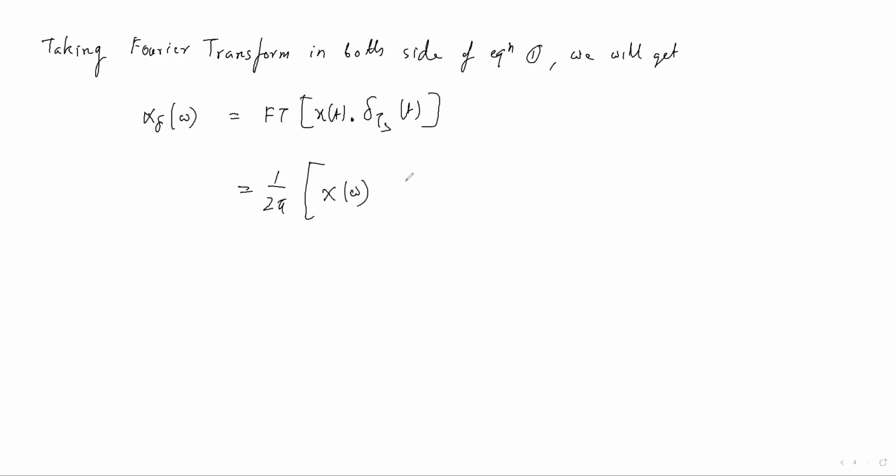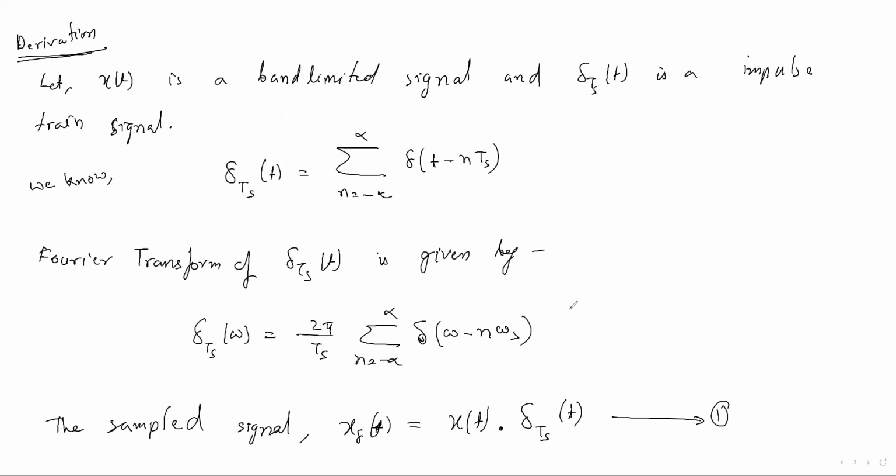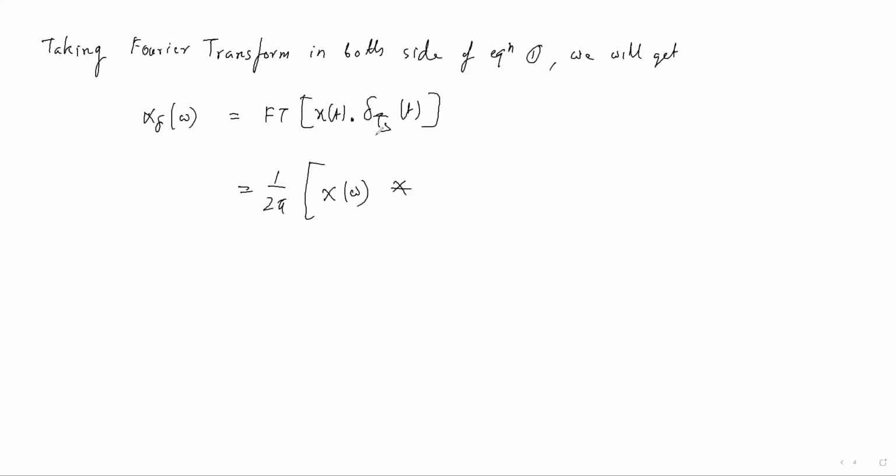Convolution; this sign represents convolution. What is the convolution with? The delta Ts(t), whose transform I have given in the equation. So I have to write the whole term: 2 pi by Ts summation delta(omega minus n omega s).